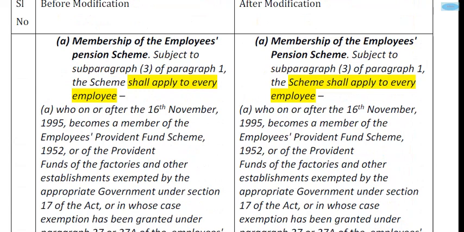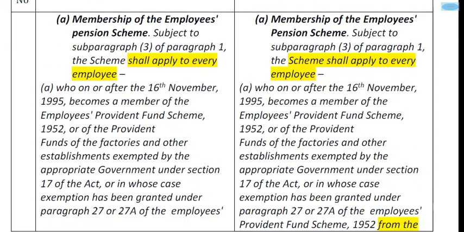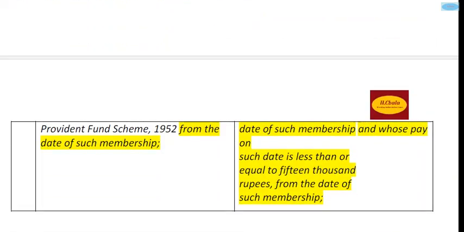Earlier it said that every person who is a member of the Provident Fund will automatically become a member of the pension fund. But this amendment puts a cap, saying that any member who is joining as of 1st September 2014 and drawing less than or equal to 15,000 salary alone will be a member of this pension fund.